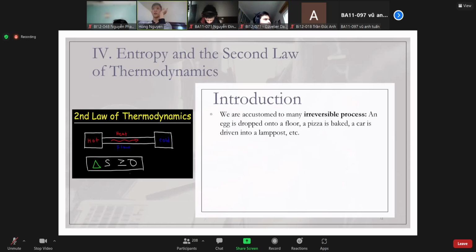So, for example, if we call an initial state Pi, Vi, Ti, after several changes, it returns to the initial state, Pi, Vi, Ti once again. So this is a simple system.